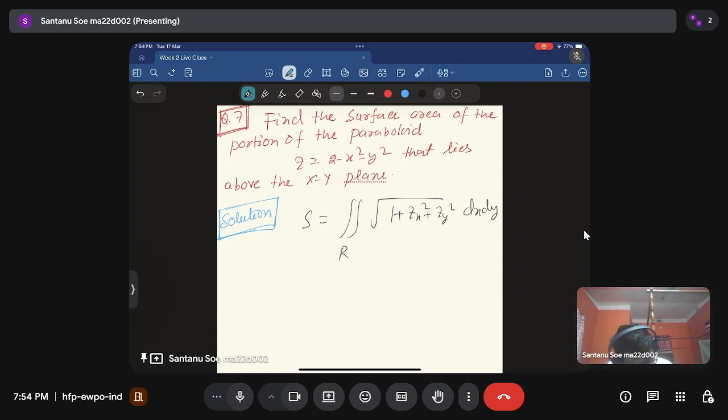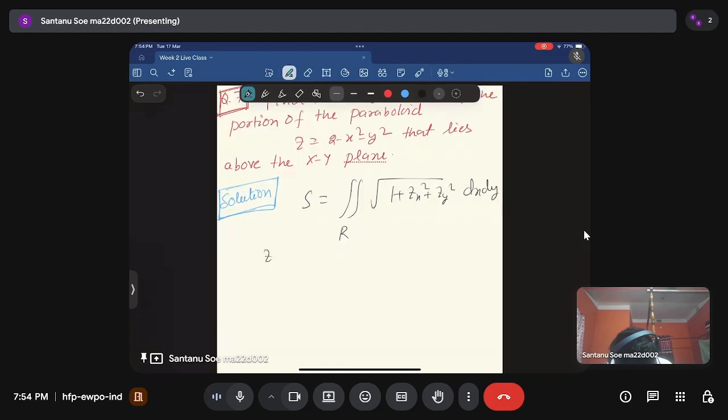So here zx is del z del x, which is just minus 2x. zy is del z del y, which is minus 2y, and then square root of 1 plus zx square plus zy square is 1 plus 4x square plus 4y square.